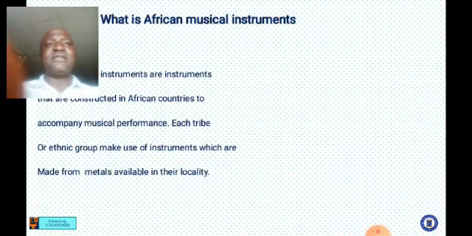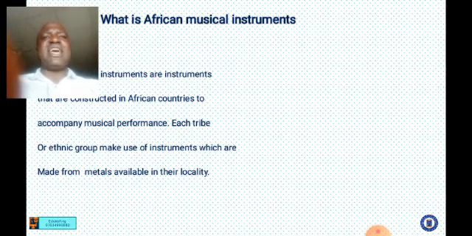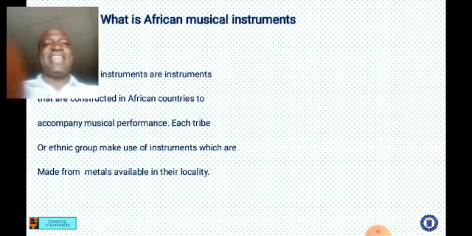First, let us define what African musical instruments are. African musical instruments are instruments that are constructed in African countries to accompany musical performance. Each tribe or ethnic group makes use of instruments which are made from materials available in their locality.